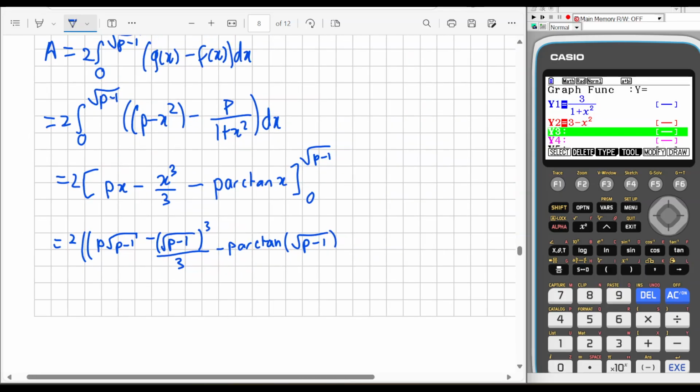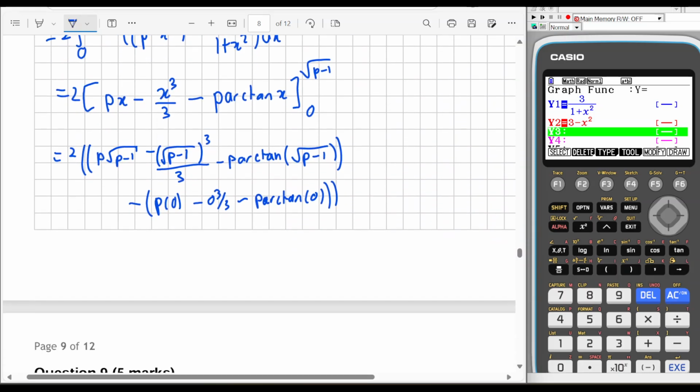Now we're going to put in the 0. Take, I might actually do this down here. Take p with 0, 0 cubed over 3, and p arctan of 0. Now, everything in the last bit with the 0 is just going to be 0, but I don't want you to always assume that. Sometimes it's not the case.